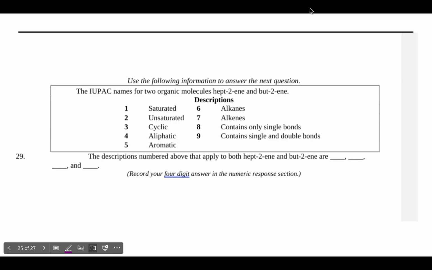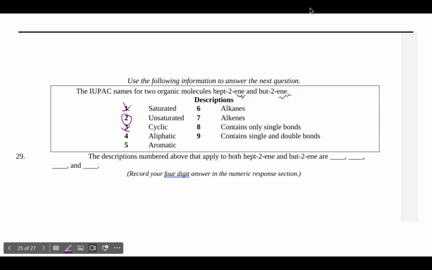Okay, so looking at our number 29, we have hept-2-ene. So we have double bonds and but-2-ene. So we want to number what applies to both. So because we have double bonds, you are unsaturated, so you can rule out number 1. You don't see the word cyclo, so you're not cyclic.